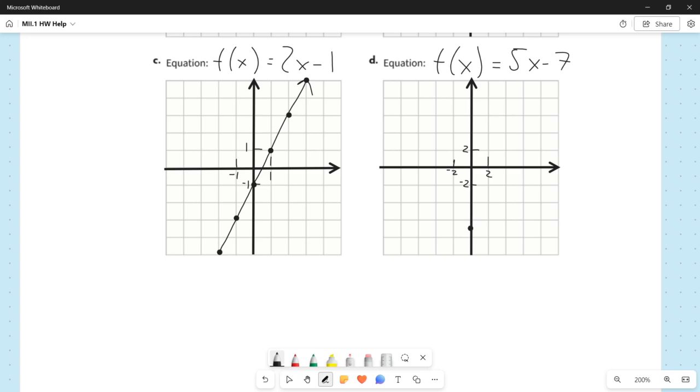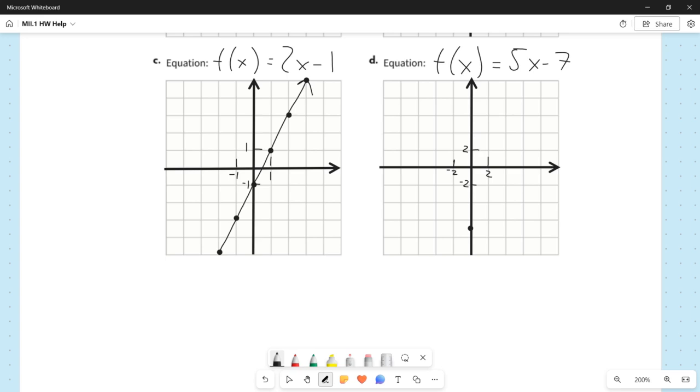Now, from here, I think probably the best thing for us to do at this point is, well, we can still use the same idea of going up 5 and over 1.